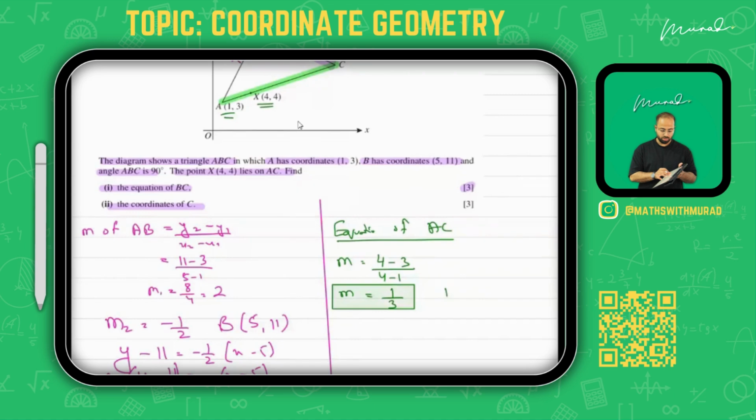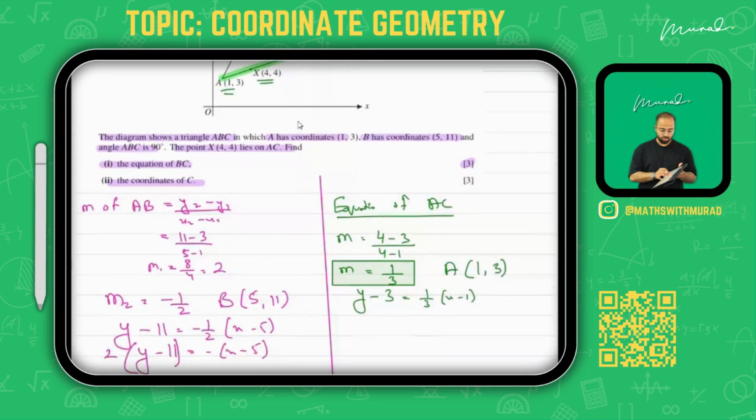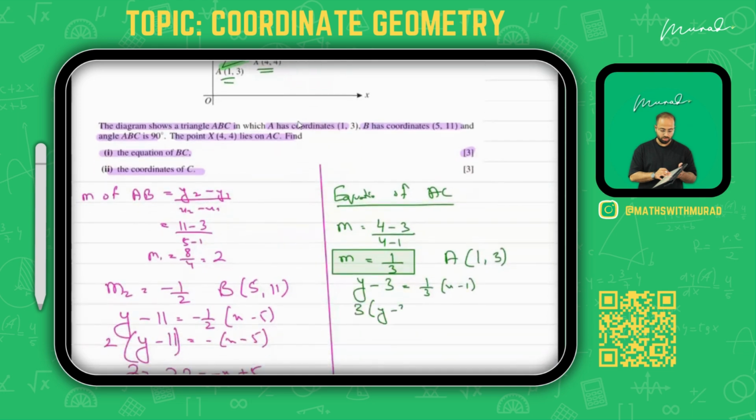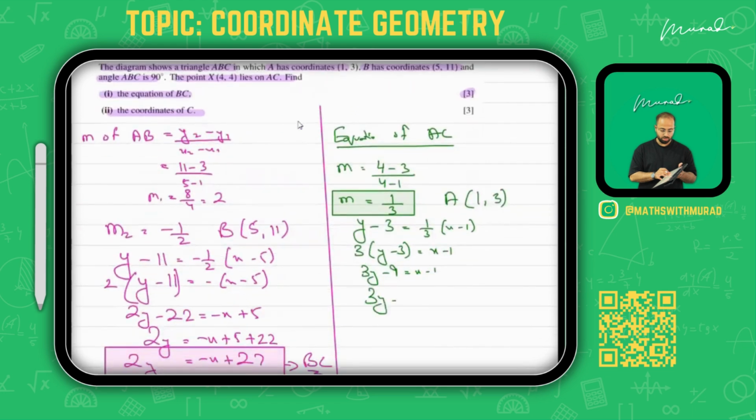I'll be using A's coordinate to get the equation of the line AC. y minus 3 is equal to 1 upon 3 times (x minus 1). 3 is being multiplied, so this is going to be 3y minus 9 is equal to x minus 1. 3y is equal to x minus 1 plus 9. So 3y is equal to x plus 8, right?